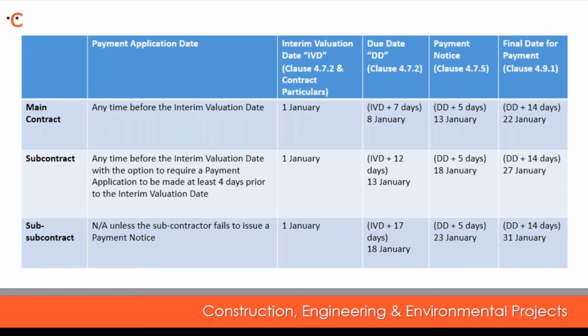The due date is 17 days after the interim valuation date, and that's the 18th of January in our example. So this means that the subcontractor has a period of 4 days within which to pay the sub-subcontractor after having itself received funds from the contractor. So in our example on the slides, the final date for payment of the interim application is the 31st of January.